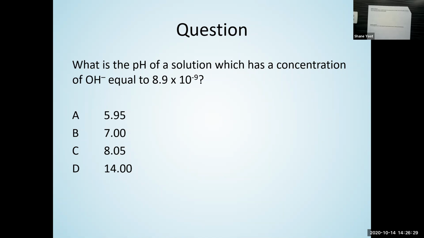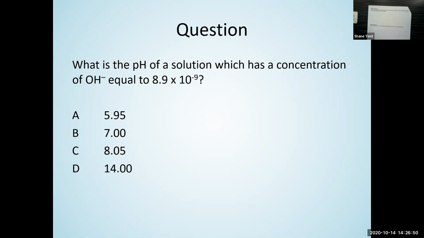I know, for example, B here, a pH of 7, is for a neutral solution, which means the concentration of H plus and the concentration of OH minus equal 1 times 10 to the minus 7, which is not the concentration given. So I know it can't be B.